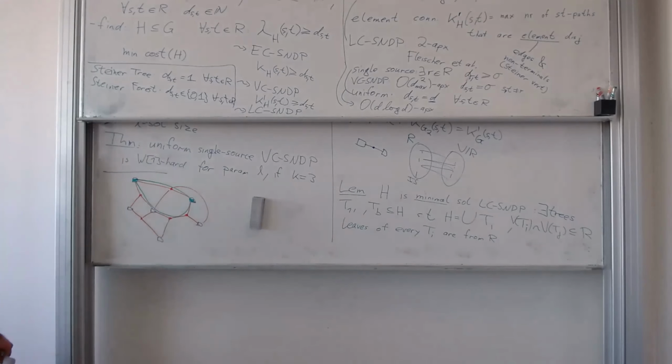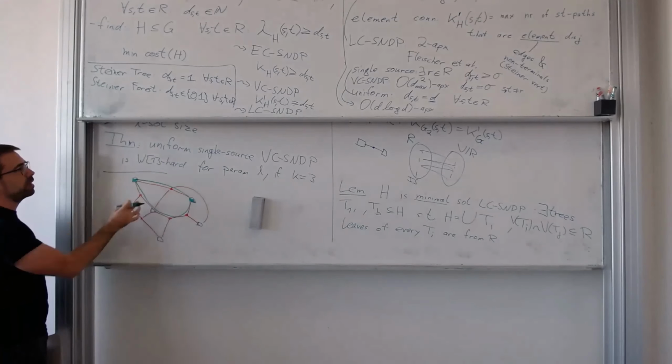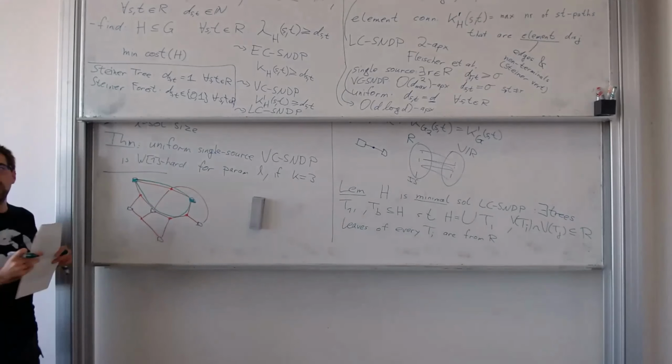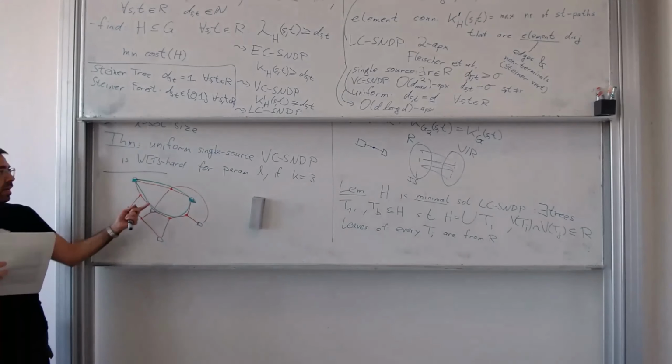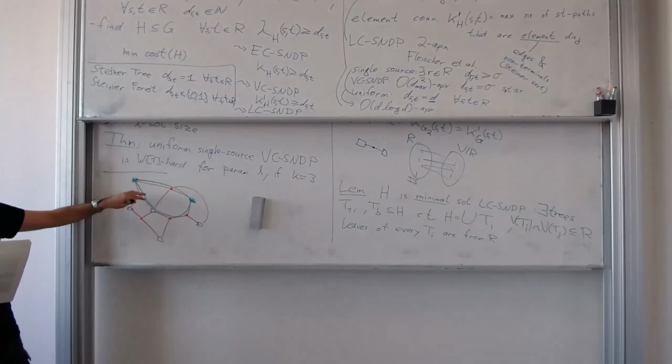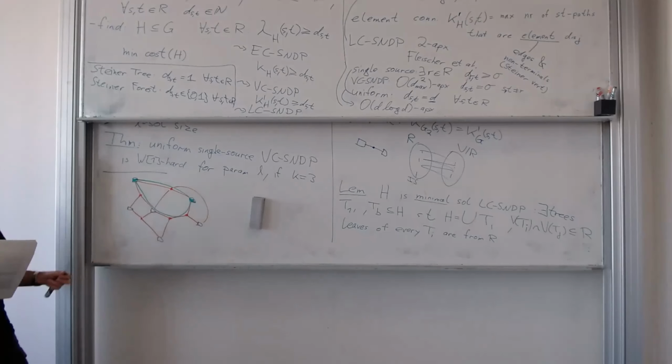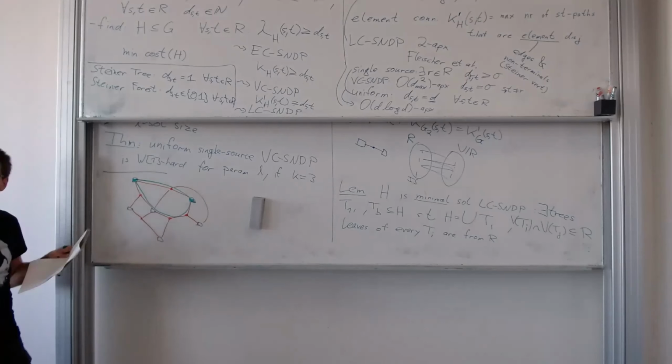And you can say that let's fix, for any terminal pair, the maximum number of element disjoint paths. Then every one of these trees contains at most one of these paths. Okay, so you can make sure that you don't have a tree where two of these paths go through.